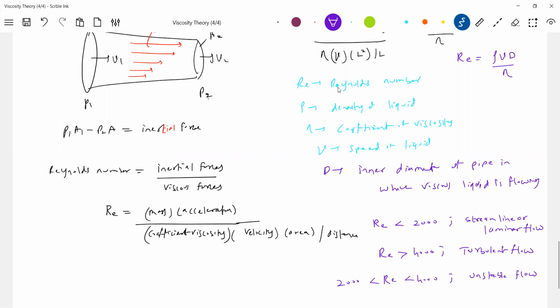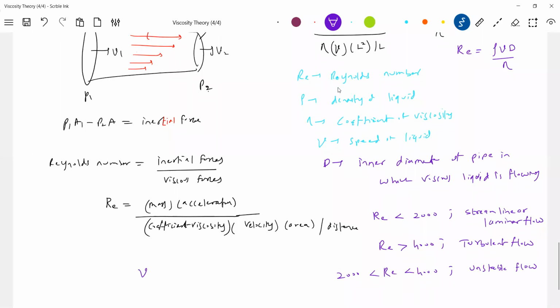Usually we want laminar flow here. So I will rewrite the Reynolds number: eta equal to rho d. I'll substitute here. I know what type of liquid I'm using. I'll always go for streamlined flow, so I'll put around 1,500.